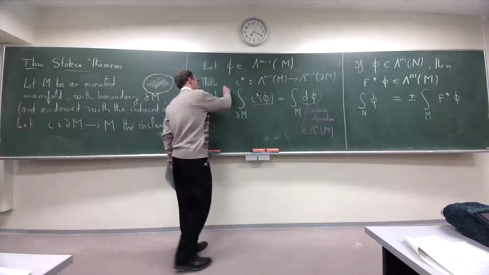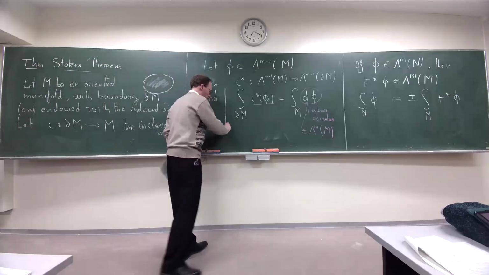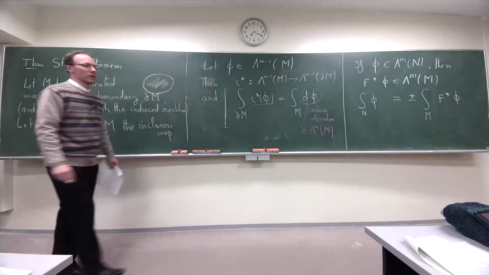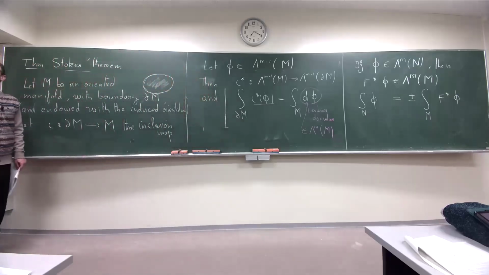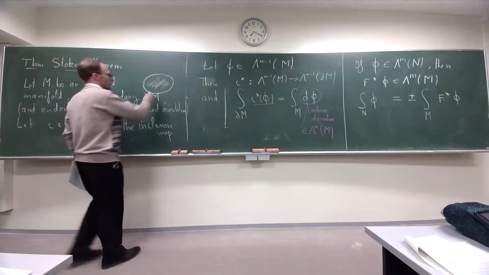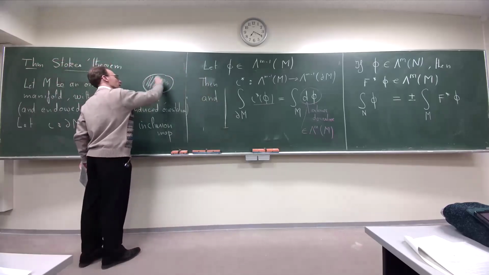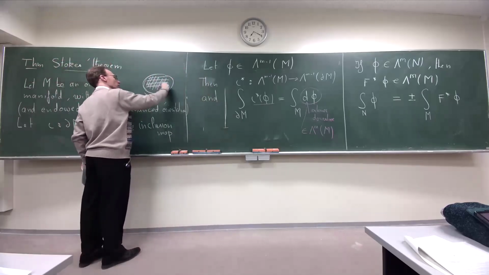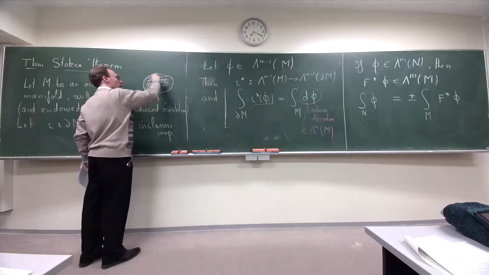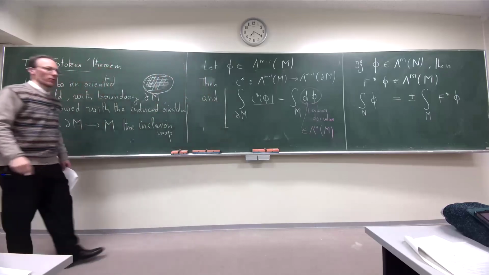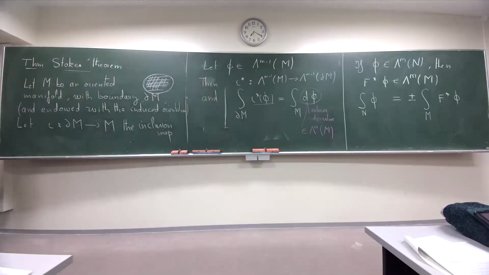The proof is not completely short, but it's not so difficult. It's essentially the same proof as we do in calculus. We decompose into small squares, and then we add the contribution of all small squares and so on. This was Green's theorem.